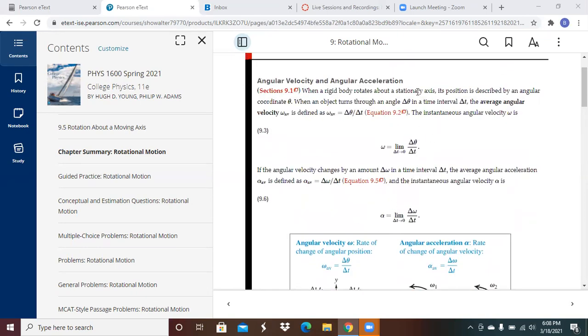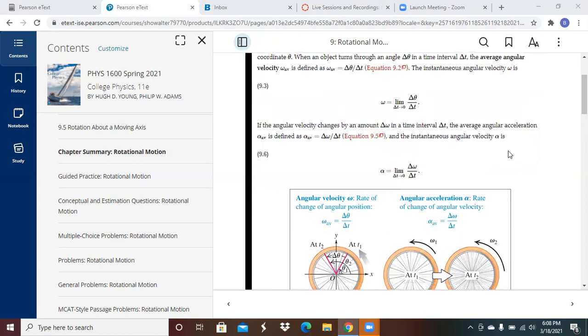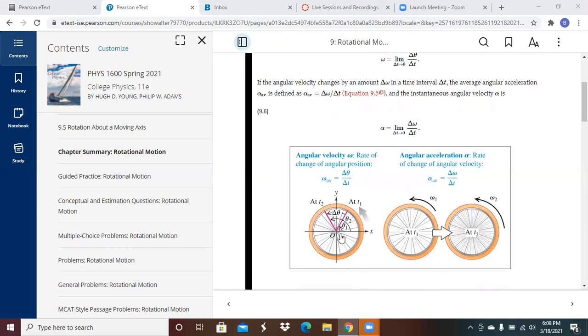When we have situations like that, we're going to describe it not using an x or y coordinate system, but using a particular angle, called theta. This angle is measured as if we had the x-axis here, and we see exactly what sort of angle this thing rotates through.